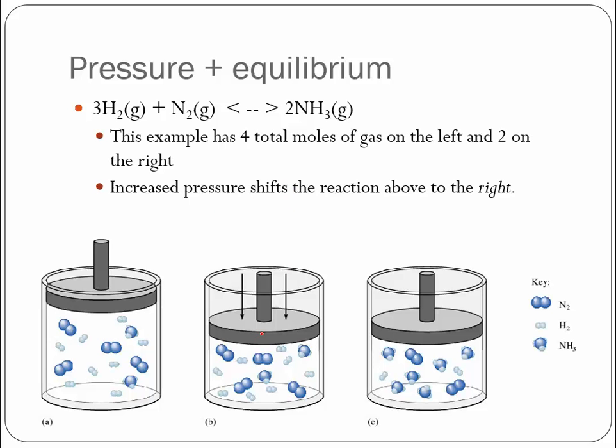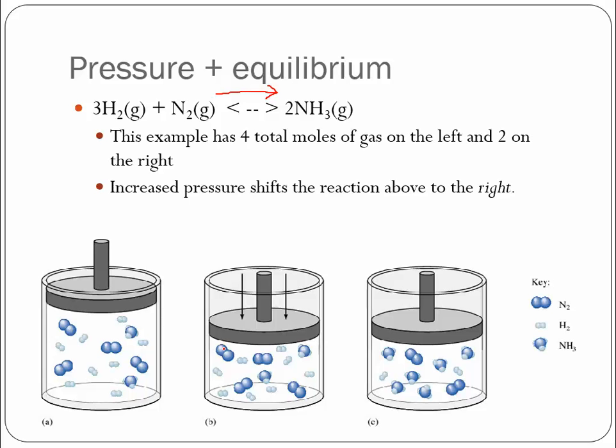So if I take that and increase the pressure, the system can shift to this side, because that side has fewer moles of gas, and if you make more ammonia, you'll actually reduce the number of moles of gas in the container and reduce the pressure. So the system can reduce its own pressure.